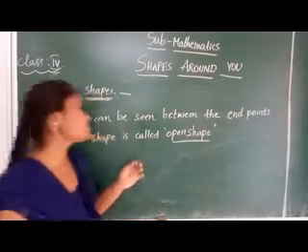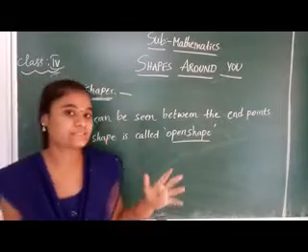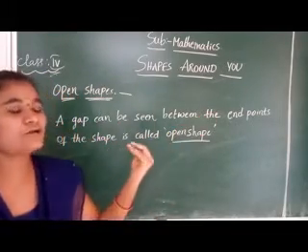See, what is an open shape? A gap can be seen between the end points of the shape is called an open shape.